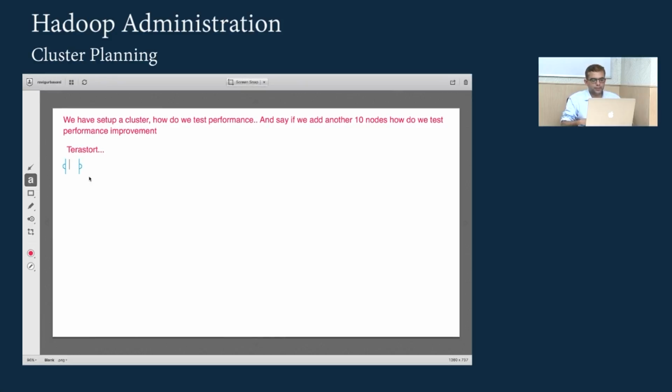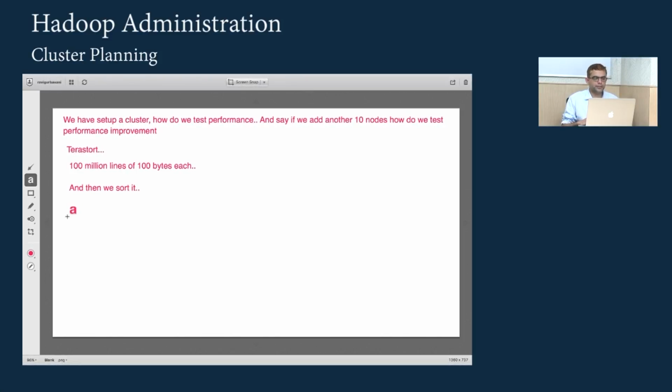TeraSort typically, it's up to us how much data we generate, but let's say we generate 100 million lines of 100 bytes each, and then we sort it. So this is a ready-made benchmark available where you can generate N number of lines, N bytes each, and then you sort it, and that will give you performance.